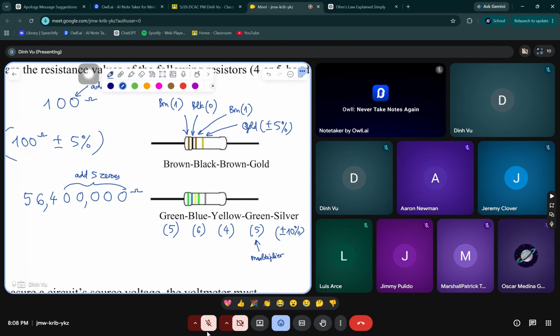So you need to convert into kilo ohms or mega ohms. So the best way is 56.4 mega ohms plus or minus 10%.